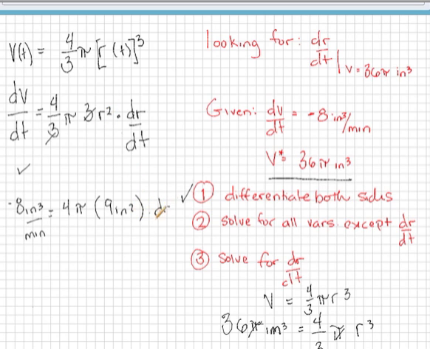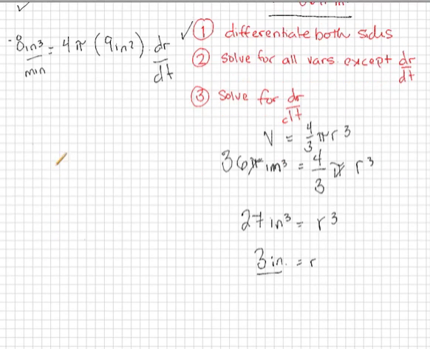And of course, dr/dt we can't fill in because that's what we're actually looking for. So let's go ahead and simplify. We still have negative 8 inches cubed per minute on the left-hand side. And simplifying the right-hand side, I'm going to get 36 pi inches squared times dr/dt.